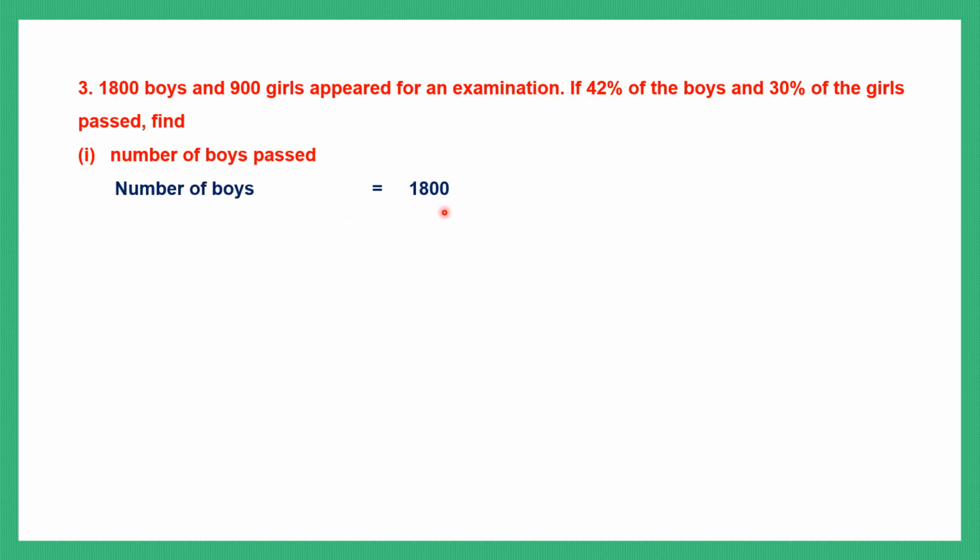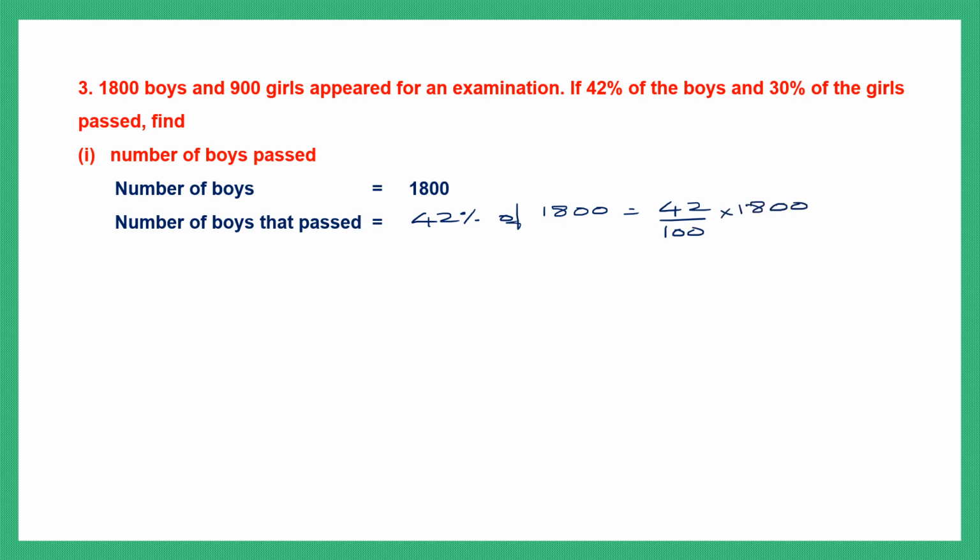So the total number of boys is 1,800. Then the number of boys that passed will be 42% of 1,800. So let's do this. That is 42 by 100 into 1,800. Cancelling the two zeros, let's cancel here. Now what do we get? 42 into 18.